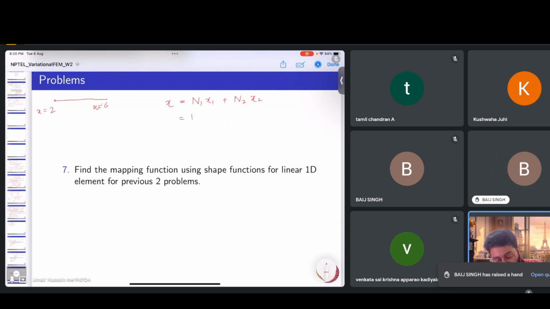N1 is (1 minus zeta) by 2 and x1 is 2, plus N2 is (1 plus zeta) by 2 into x2, which is 6. So we have 1 minus zeta plus 3 plus 3 zeta. We have 4 plus 2 zeta. So we got this mapping function using our approximation functions, also called shape functions.